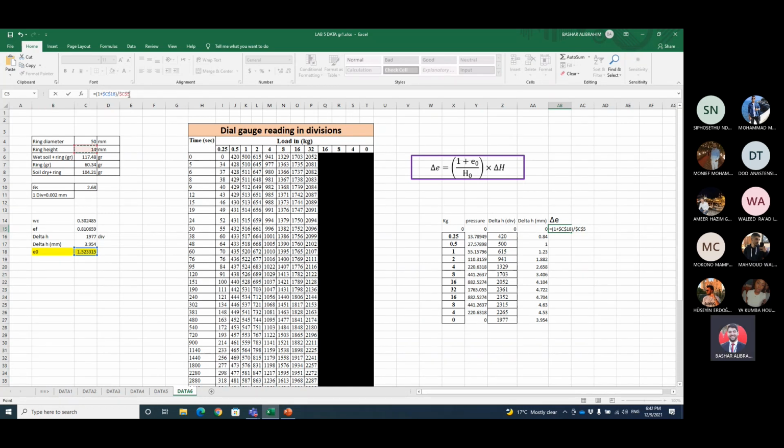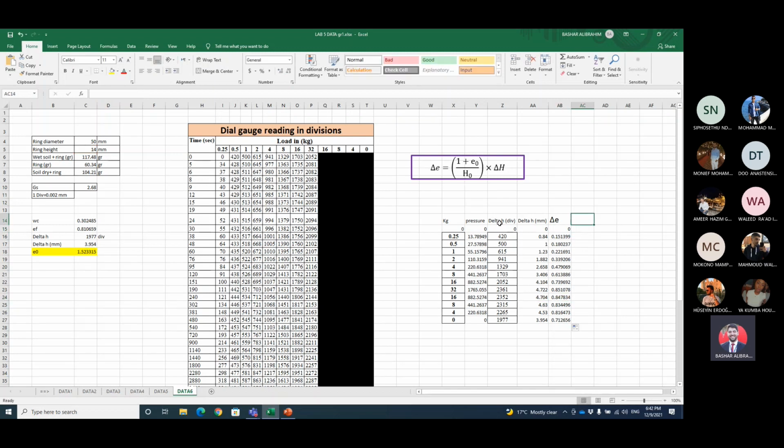Again, I lock it. As you can see, there are dollar signs before and after. Times change in height, which is this one. So click and drag. We get the change in void ratio. Check if these cells are locked. It is okay, right? You see, they didn't move.